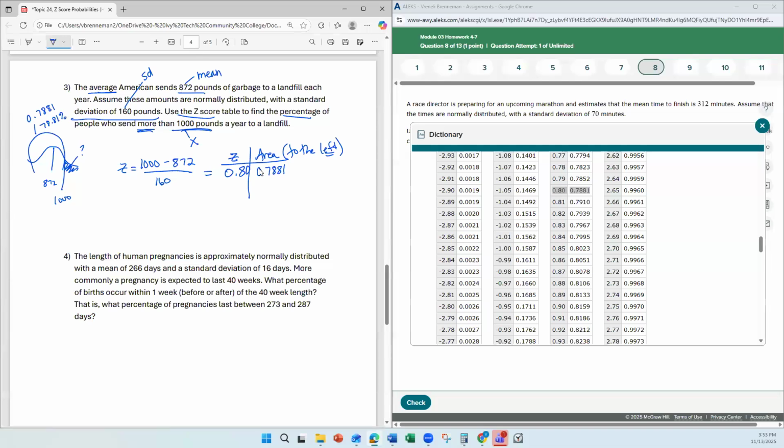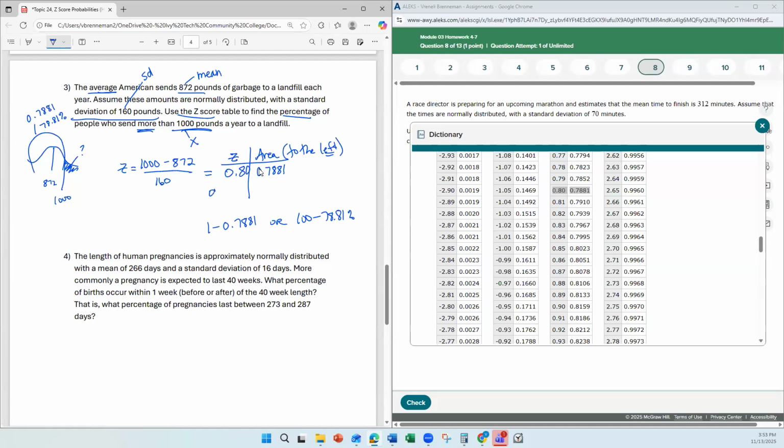That is not what I've been asked for. I need this. So I can either take 1 minus 0.7881 or 100 minus 78.81% if I want to do it in percent form.